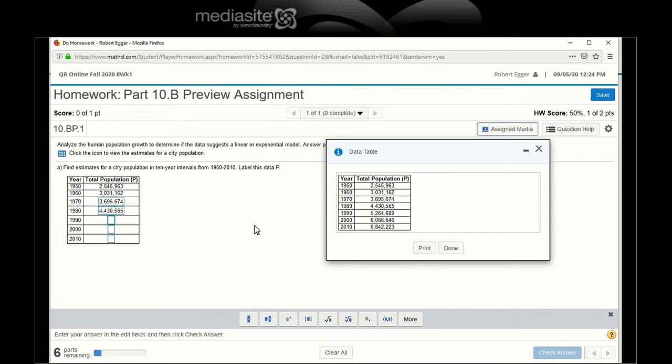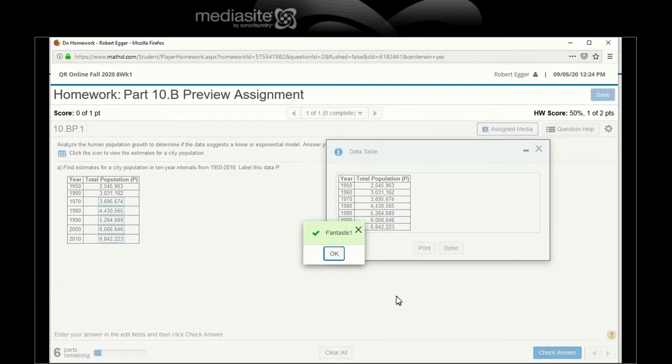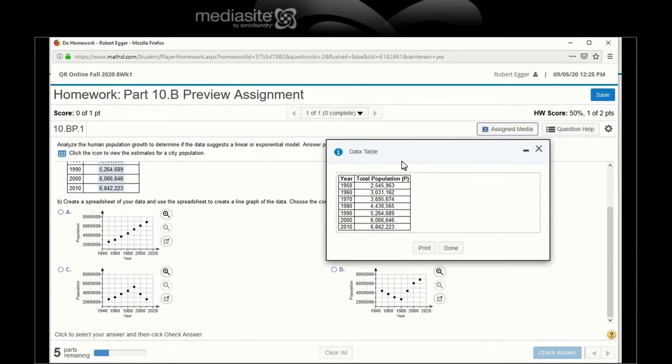I feel my brain being heavily taxed here. 1990, 5,264,689. My pecking finger's getting sore. 2000, 6,066,646. And 2010, 6,842,223. So let's see if I did a proper transcription here. Yes, I did. All right.